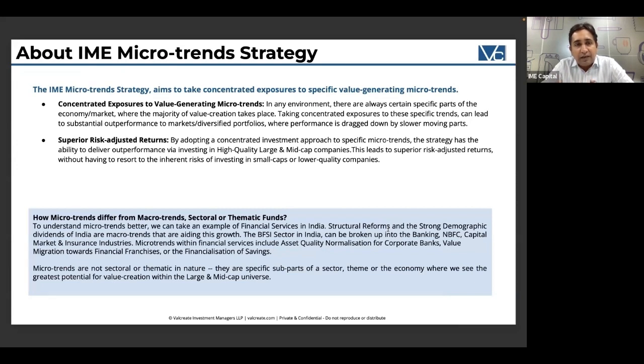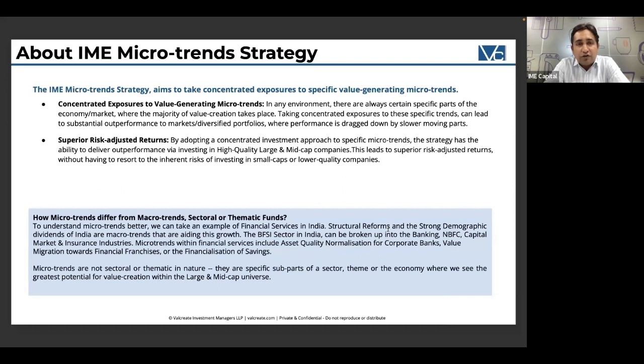This strategy basically aims to deliver superior risk-adjusted returns. By taking a concentrated investment approach to specific microtrends, we believe we have the ability to deliver outperformance by investing in high-quality large and mid-cap companies. This leads to superior risk-adjusted returns without having to resort to the inherent risk of investing in small caps or lower quality companies.